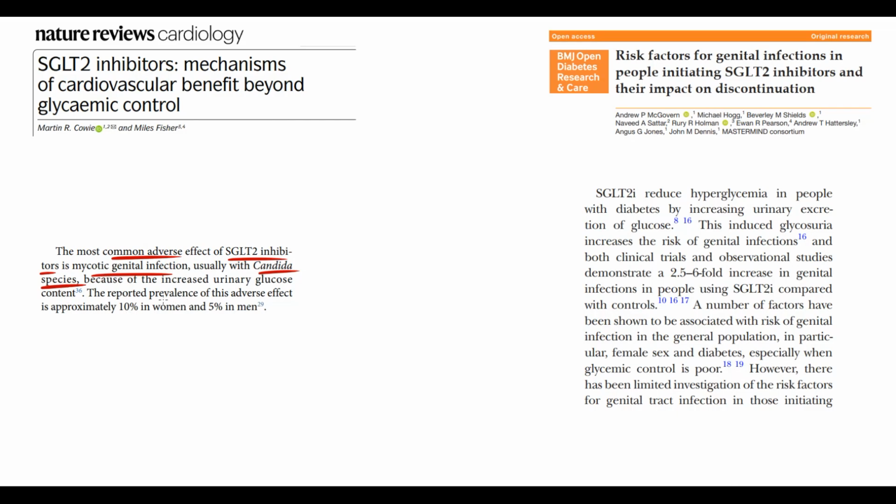This side effect occurs approximately in 10% of women and 5% of men. So females on SGLT2 inhibitors are at risk. In clinical trials, it was estimated that patients on SGLT2 inhibitors have 2.5 to 6 times higher incidence of urinary tract infections compared to controls.